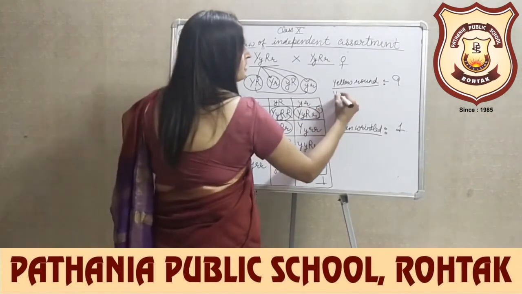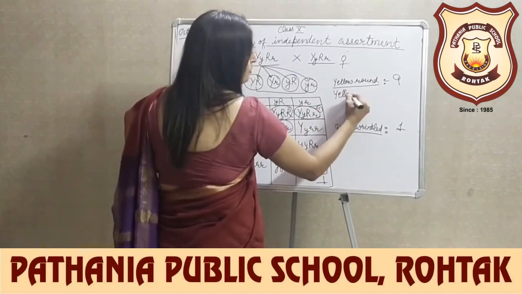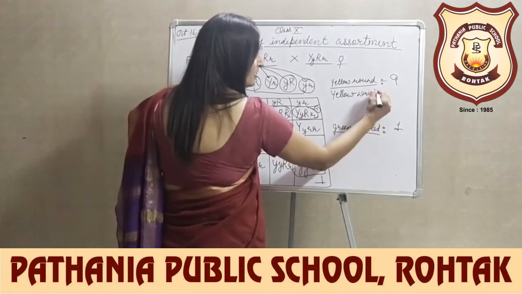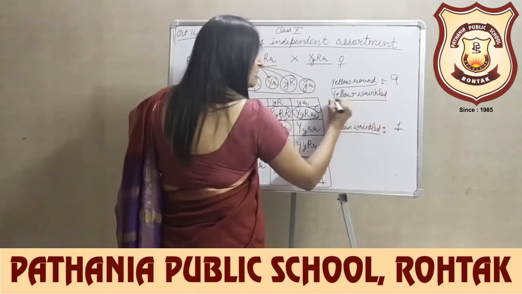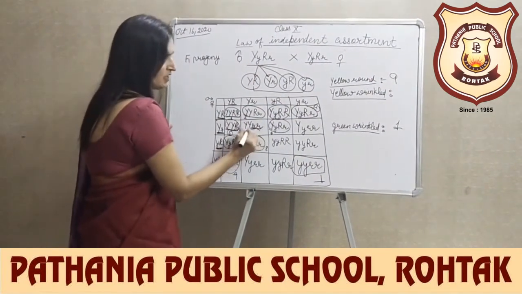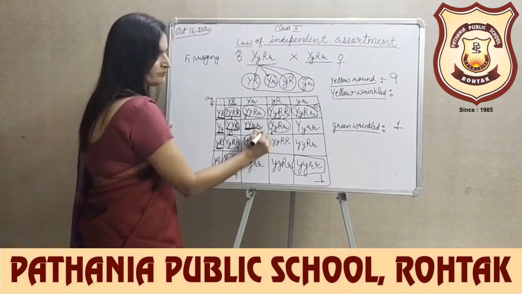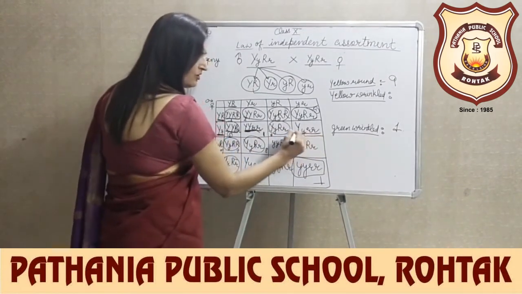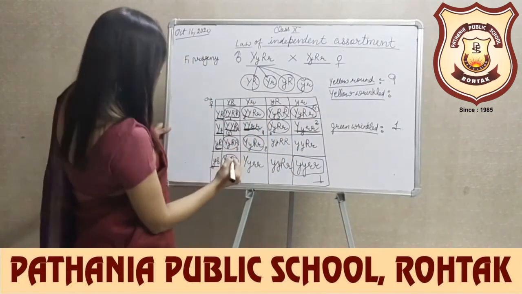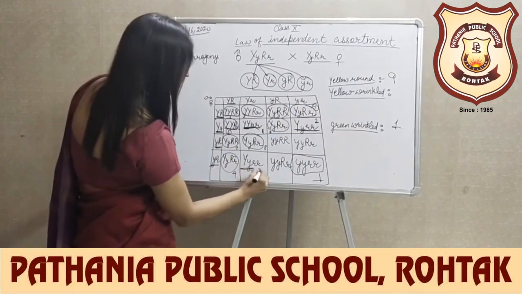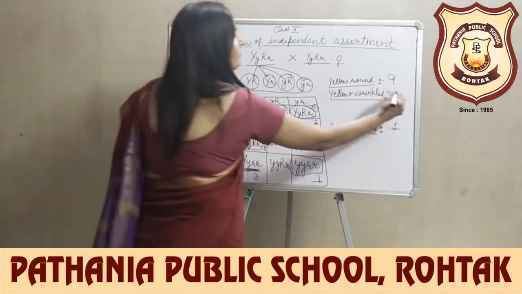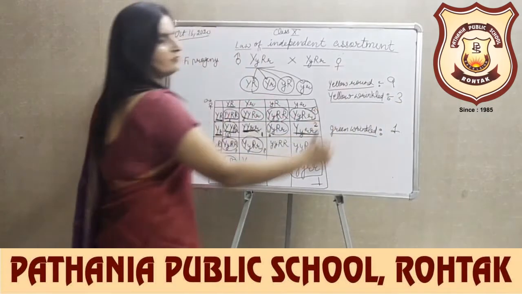So we have a new combination: yellow wrinkled. How many yellow wrinkled? Let's see. Yellow wrinkled 1. Yellow wrinkled 2. Yellow wrinkled 3. They are 3.